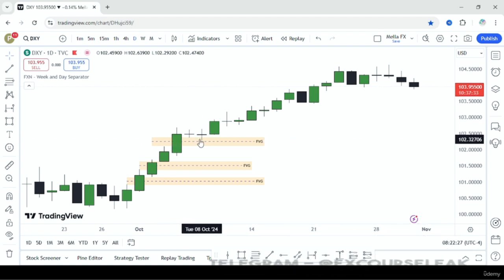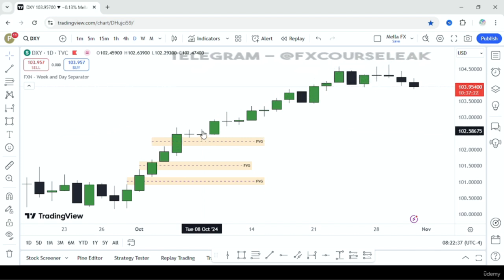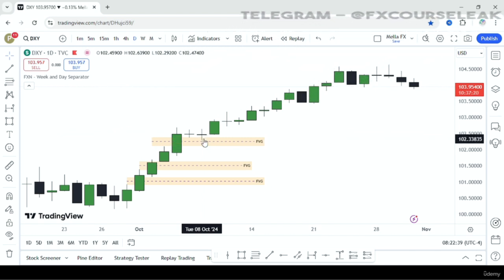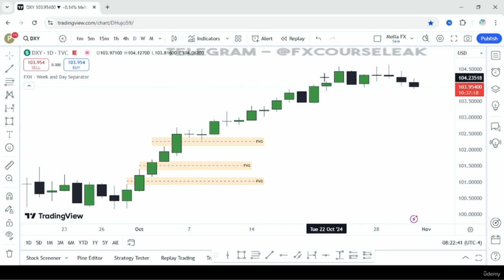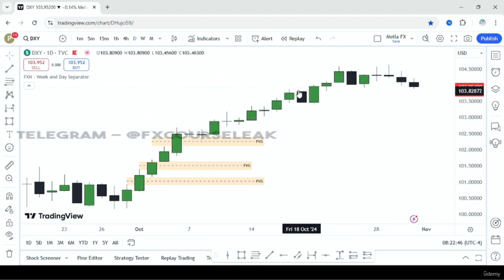For smart money concepts, the fair value gap acts in price action as a support. We can see here that the market retested, found support, then continued further higher.